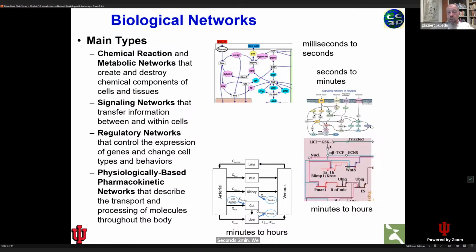We have what are called gene regulatory networks, or more generally regulatory networks, that turn genes on and off.